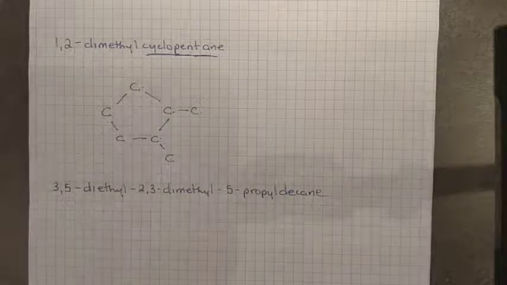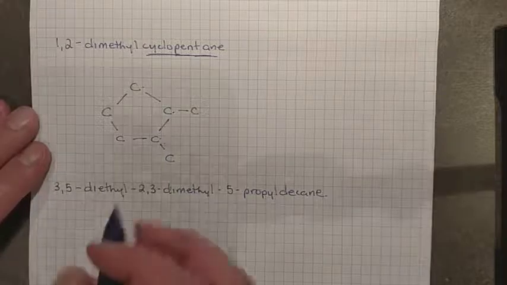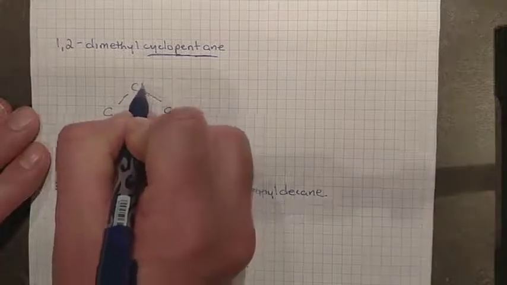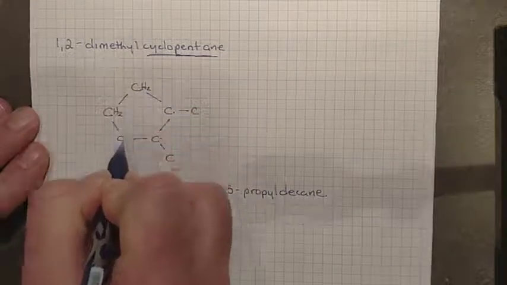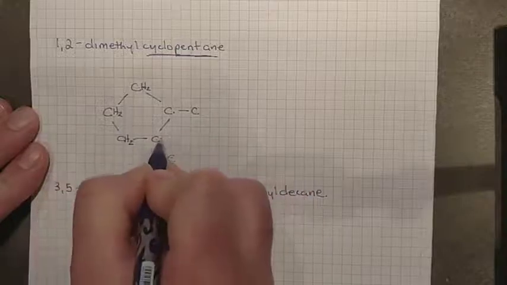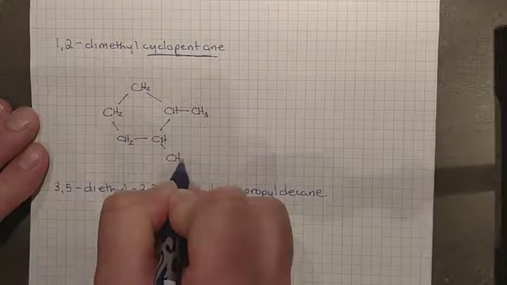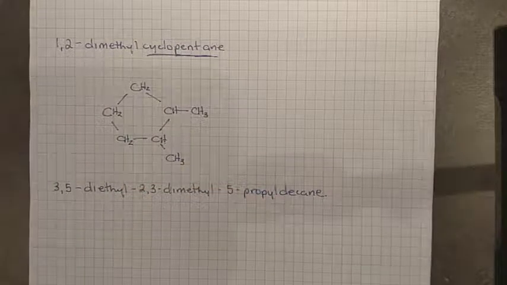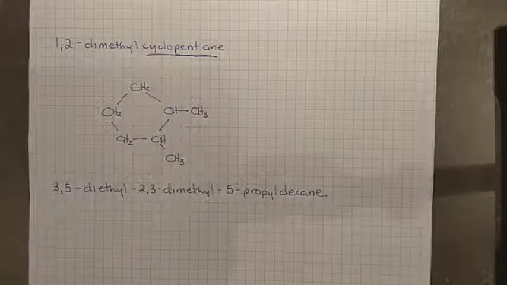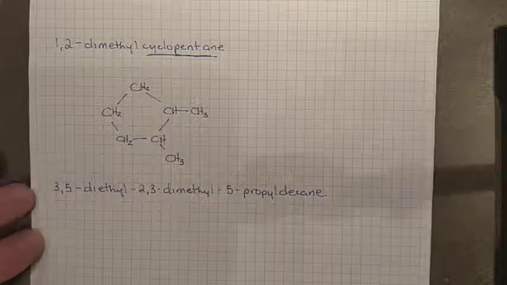All right, I still have to put in my hydrogens here for a condensed structural. You can see that this one requires 2, this one requires 2, same here, 1, 1, 3, and 3. And there you go. There is your 1,2-dimethylcyclopentane.